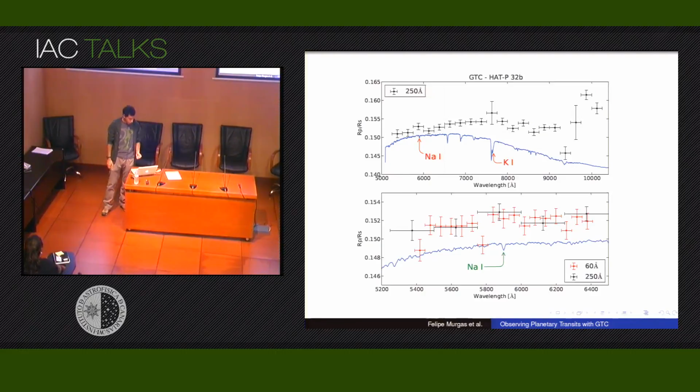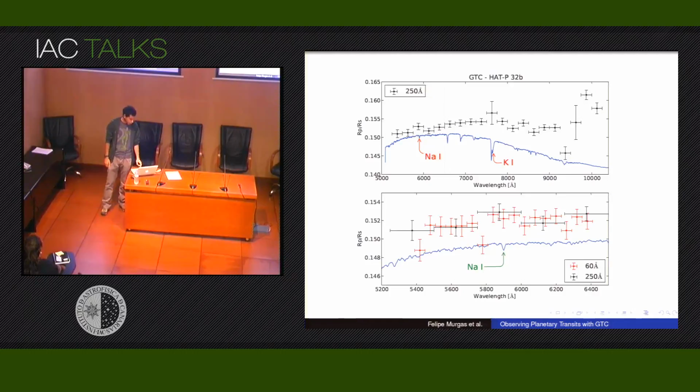So we are not really sure if this is a detection or not. It could be. Here in the bottom panel, I plotted a zoom near the sodium line with narrower filters.